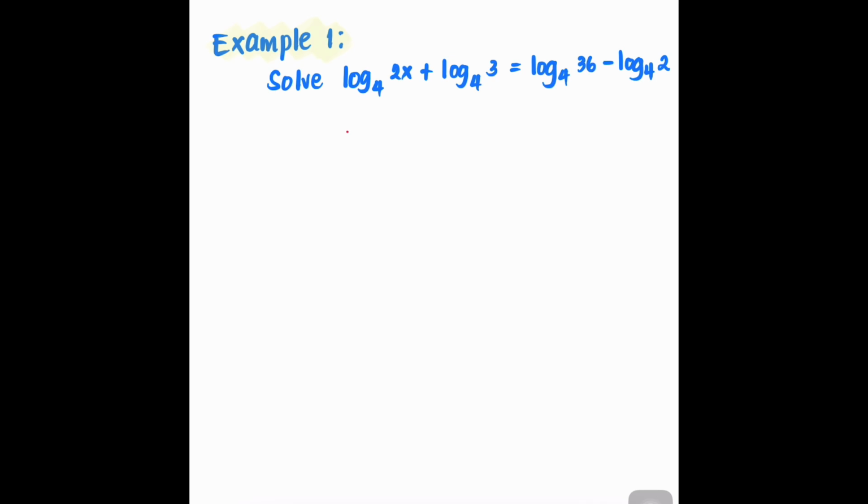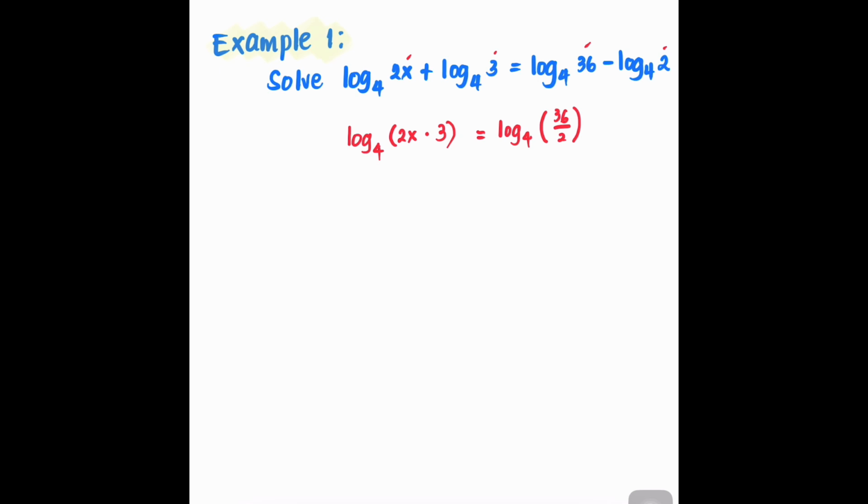Applying the product rule on the left-hand side, we can write it as log base 4, and then we need to multiply 2x and 3. And for the right-hand side, by applying the quotient rule, you have log base 4, so we take the 36 divided by 2.